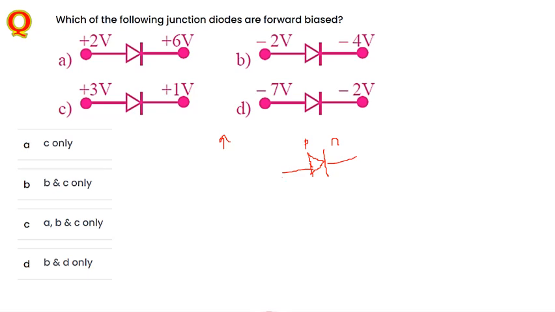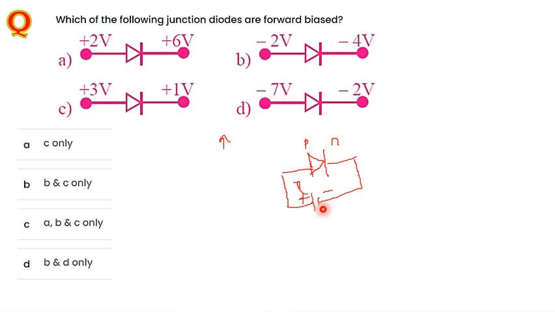If the positive terminal of the battery is connected to P type semiconductor and the negative terminal of the battery is connected to N type semiconductor, it is called forward bias.